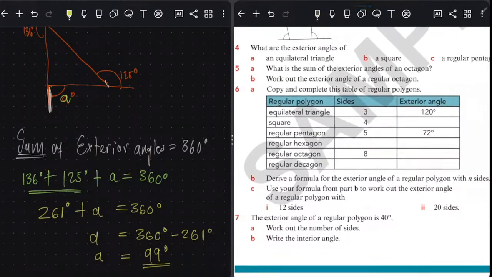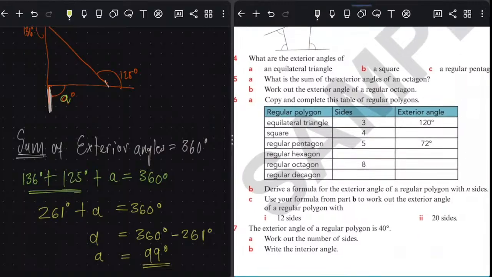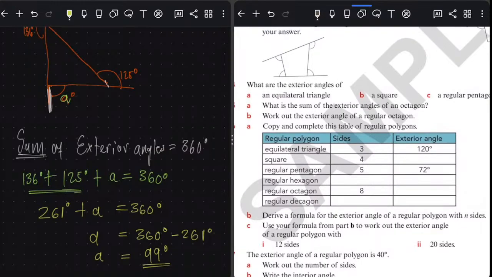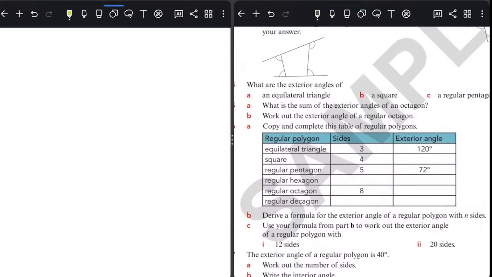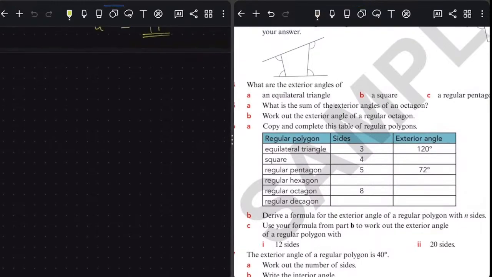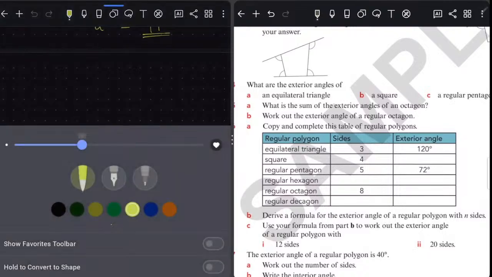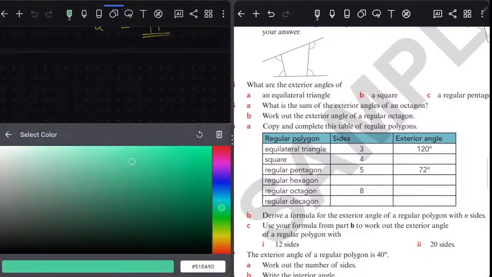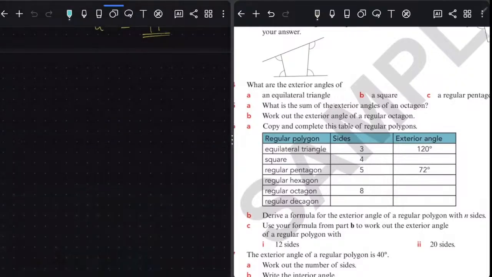Let's work with this word, as one of our last things. They can say to you, find the side of a, or find the angle of a regular whatever. In polygons, what does the word regular mean?